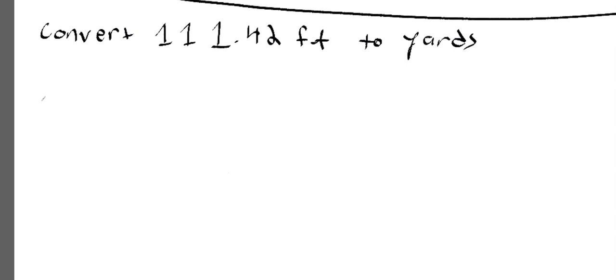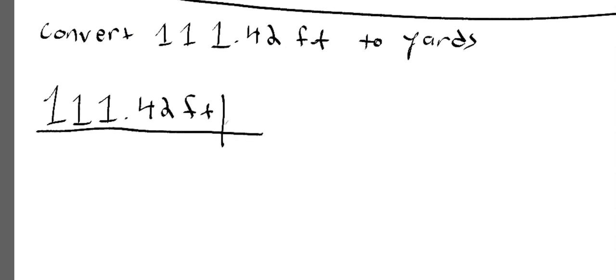Alright. Set up the start. 111.42 feet. There are 3 feet in every yard. That'll be my conversion factor. And when you puzzle that out, 111.42 feet times 1 is 111.42.